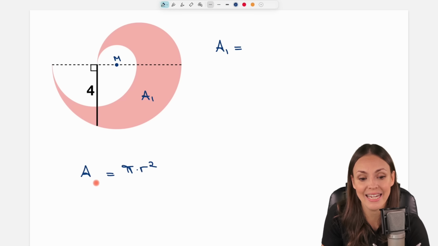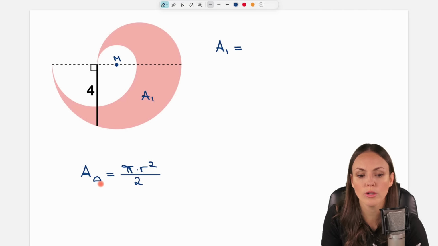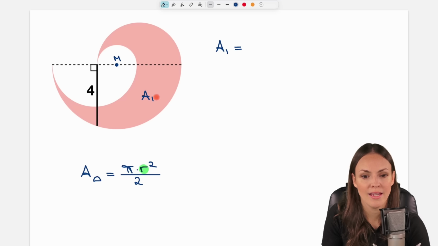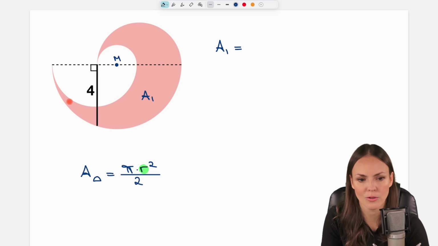We only need a semicircle. So we take this formula here and divide it by 2 because we only have half of a circle. So we need the radius to find the area of our semicircle. What is the radius of this largest semicircle?